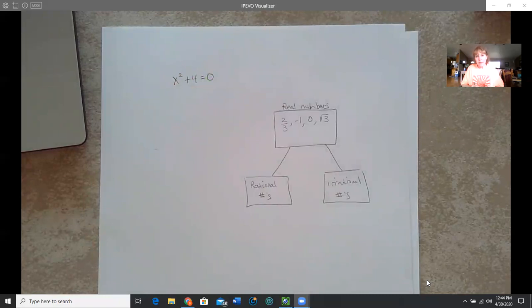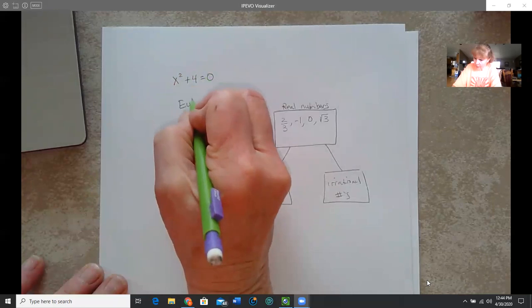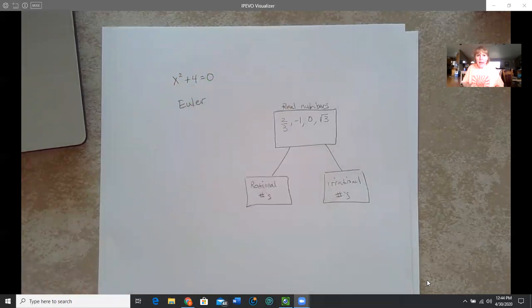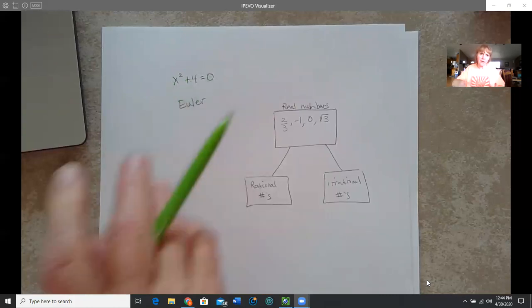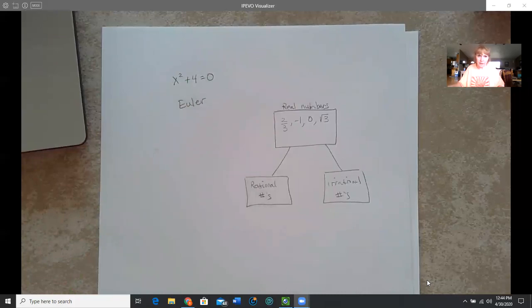Well, there was a mathematician named Euler. It's pronounced Euler, and he kind of thought, well, let's imagine. Well, because of those words, we have imaginary numbers. And it allows us, we're going to introduce a new number here that allows us to solve this here. And again, also it has applications in electronics.